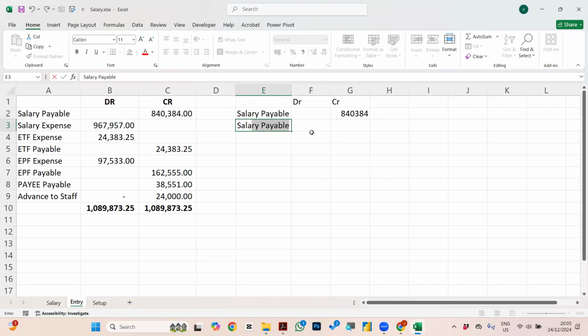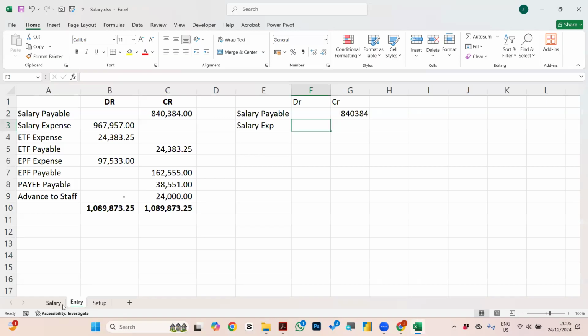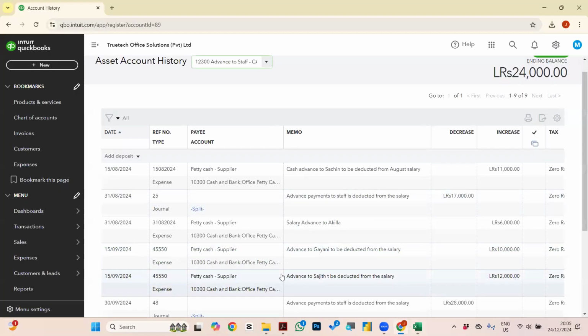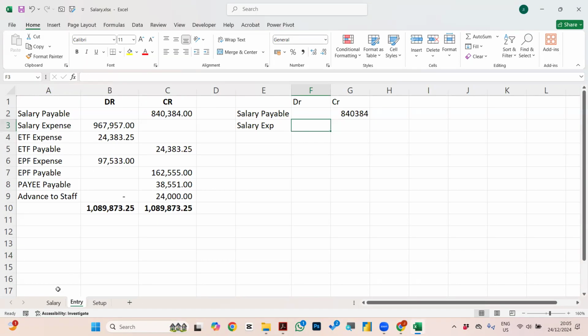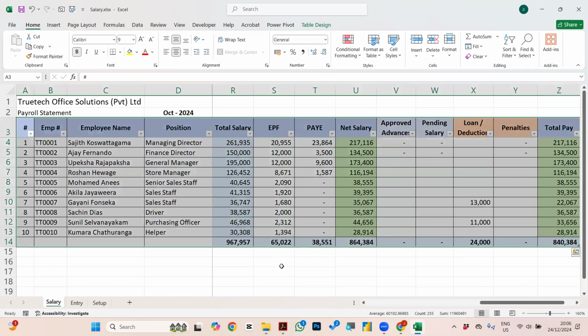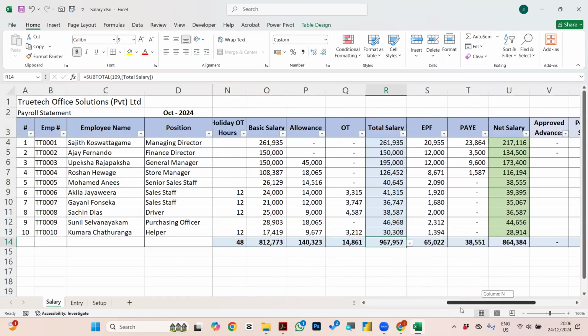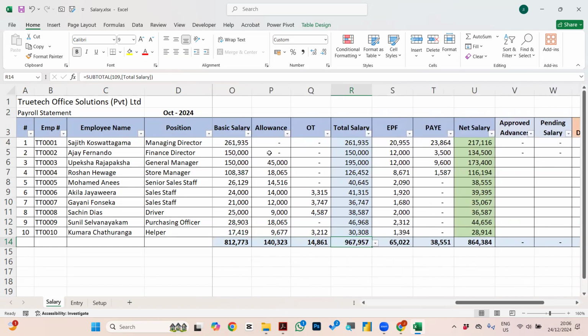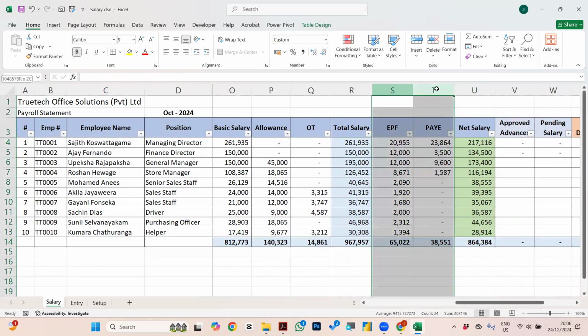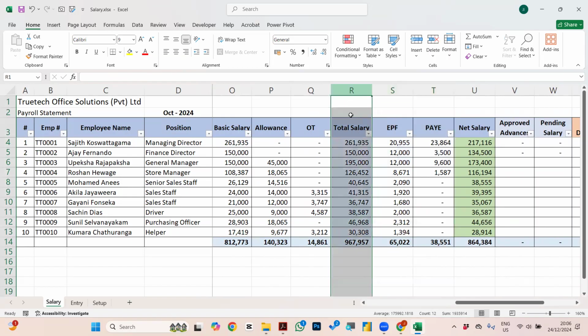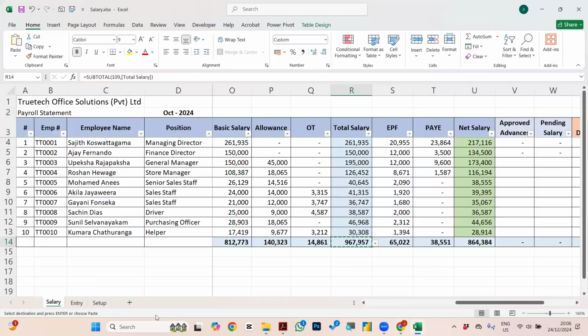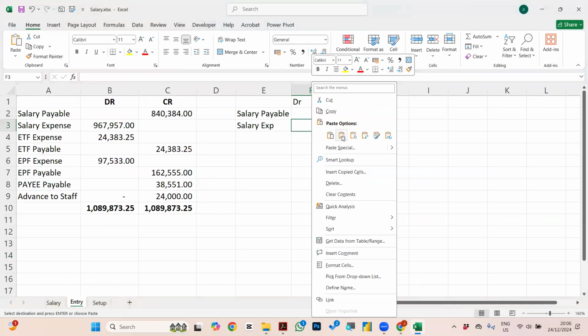Okay, salary expense. How much do we have to put as an expense in the books? Now it says 967,000. If you come here, you see this is the total salary expense, including the basic, allowance, and OT. This is the total salary we have to pay to the employees, from which we are deducting certain values on behalf of the government. So the salary expense is 967,957.